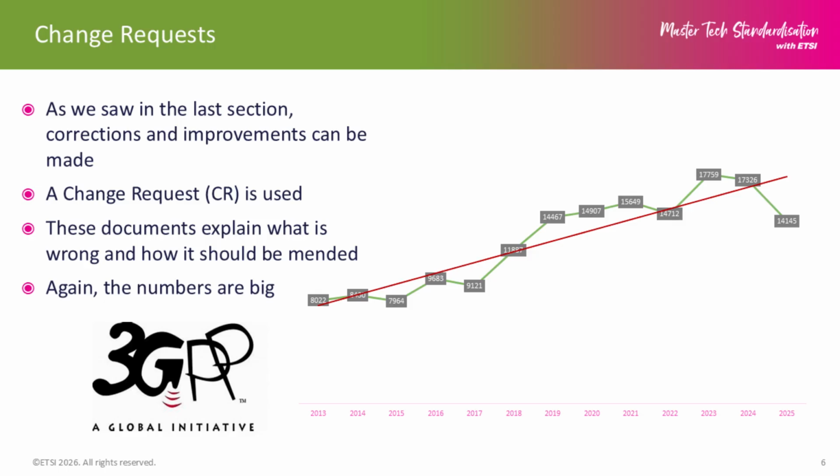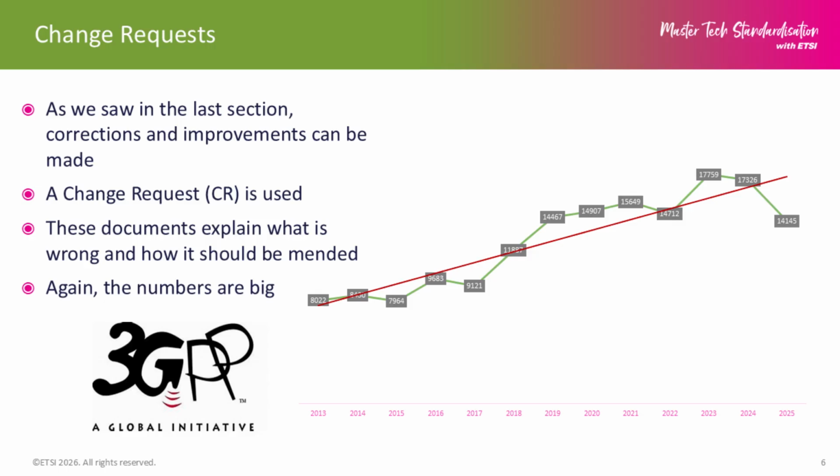When new features are added, we also create change requests. Here's the numbers. You can have a look at 2023, where we're hovering around 17,000 corrections and additional features. The document to make these changes is called a CR, or change request.